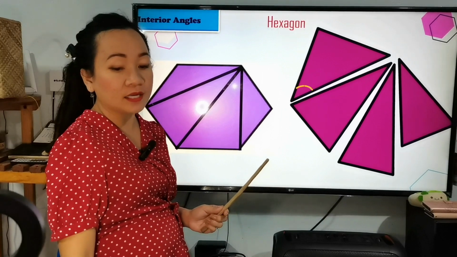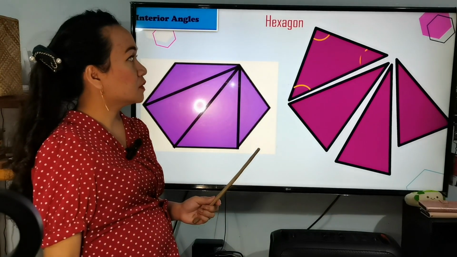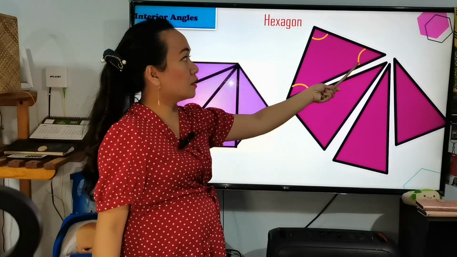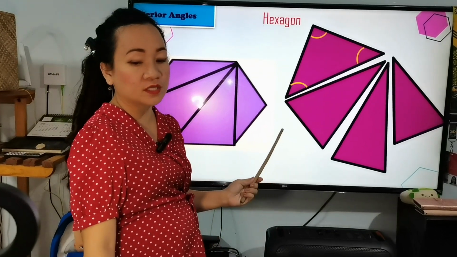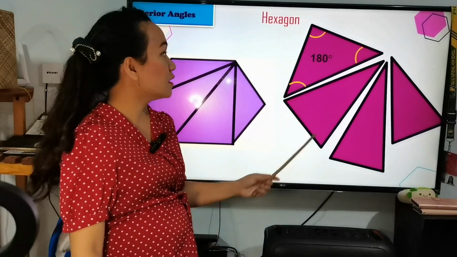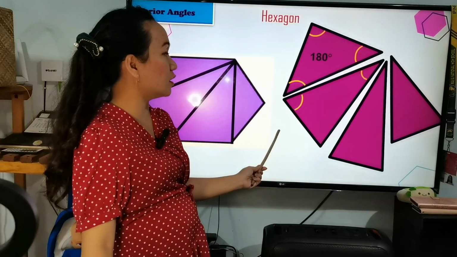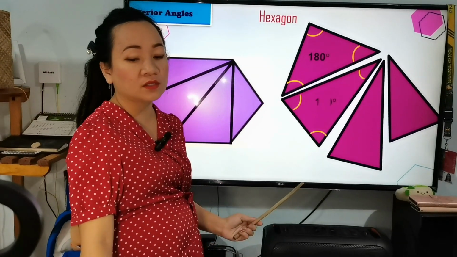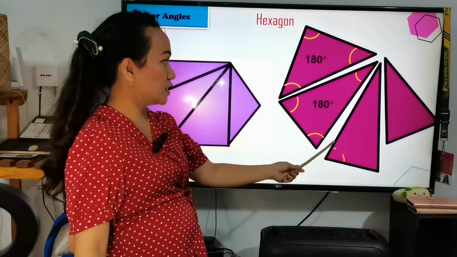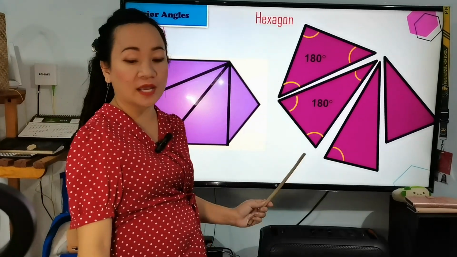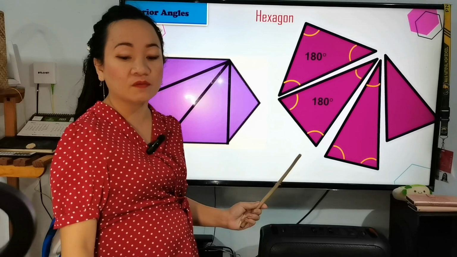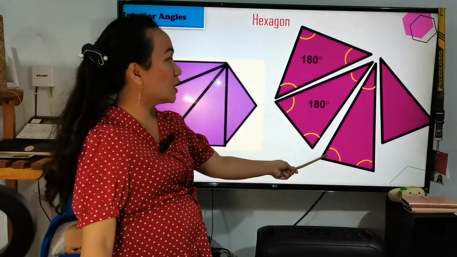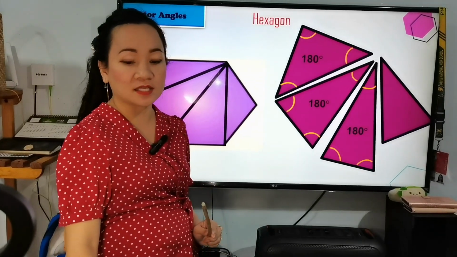So again, in one triangle, to get the interior angles, of course this is 180 degrees. Same with the second triangle. Getting the sum of the interior angles, we have 180 degrees. The same thing with our third triangle, it will give us 180 degrees.